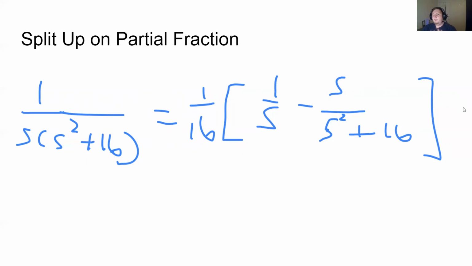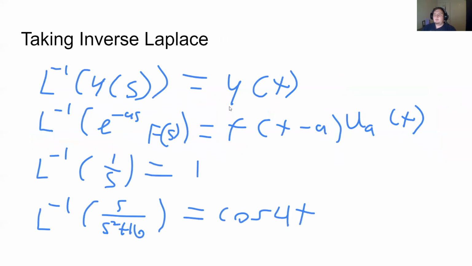So we have 4 main parts in our equation here. We have Y of s, which just becomes y of t. The inverse of e to the negative a s times some function of s, which we have in a few places in our equation, just results in the function of t minus a times u_a of t. We have 1 over s, and the inverse of that just becomes 1.